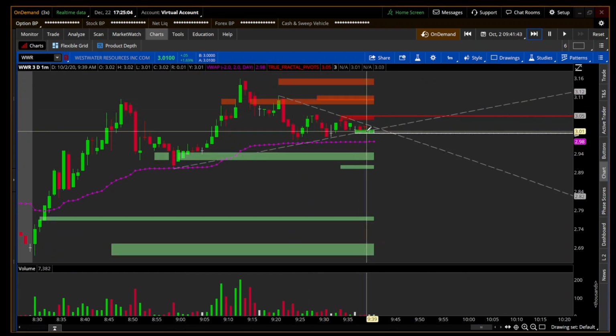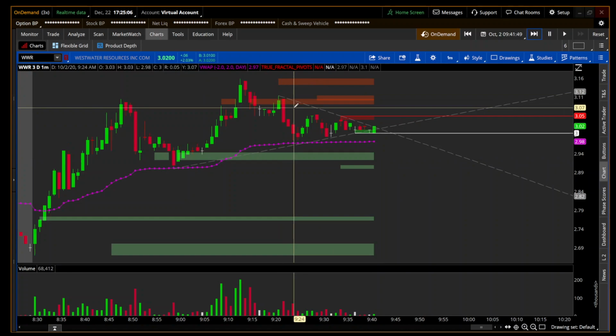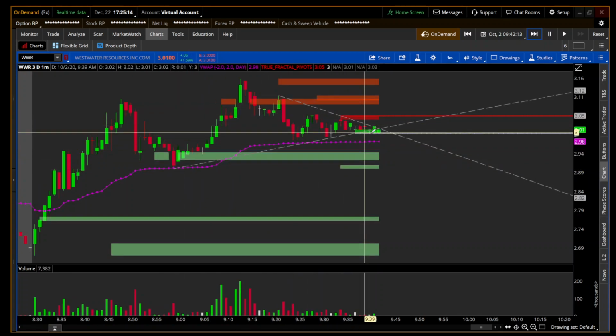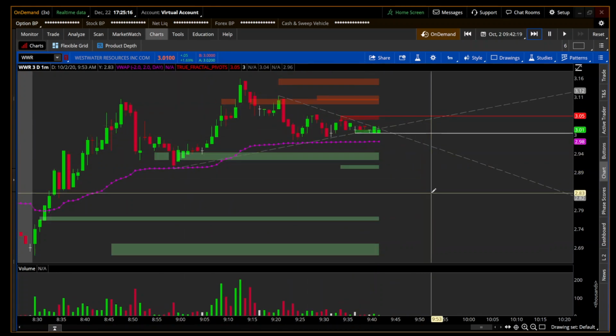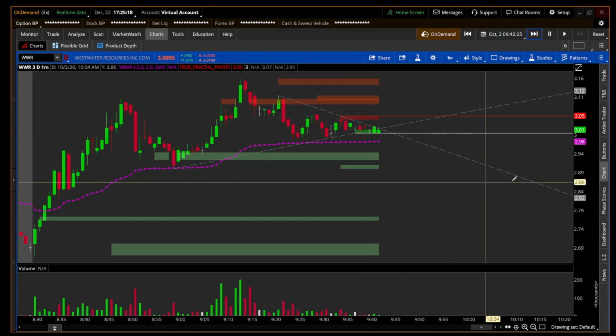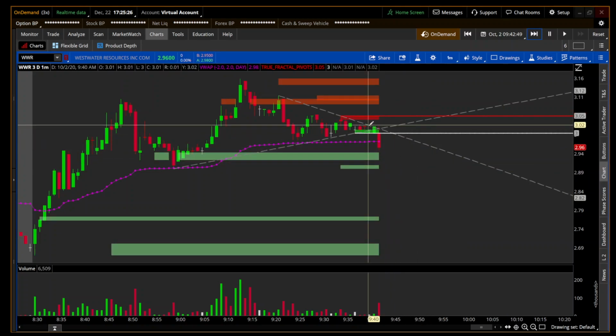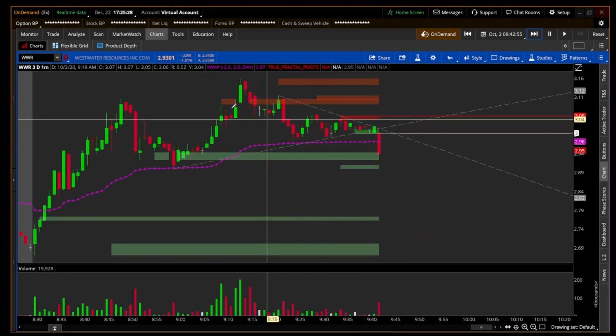This is your new area of demand. And looks like a triangle or a flag pattern had developed based off the trend lines. And it fell out from there, from this area of demand, new area of demand, possible demand.